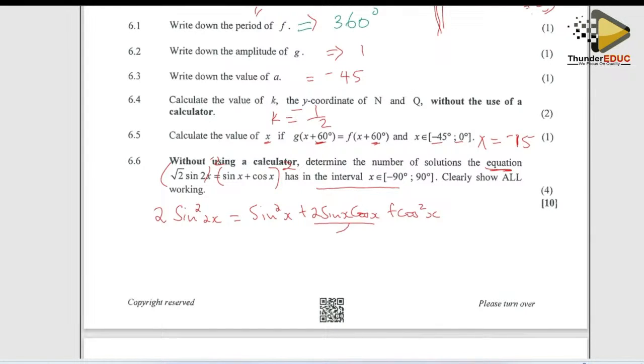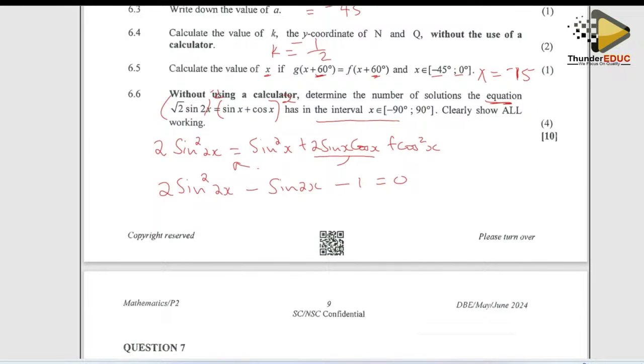Okay, so when I move this to that side, I'm going to have sine 2x, and that's going to be negative sine 2x. This and this gives me 1 minus 1, which is equal to 0. Okay, so I'm just working out everything in terms of sine 2x. With this, if I open my two brackets, this is 2 sine 2x.